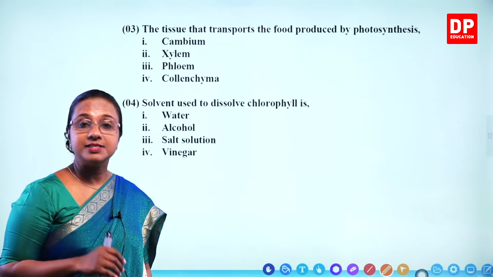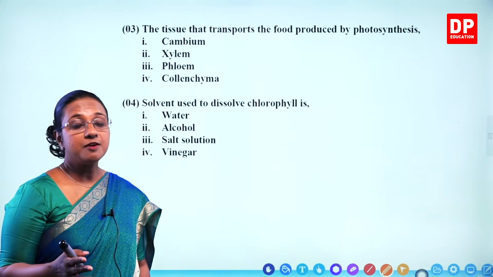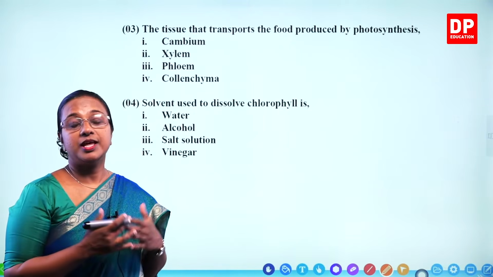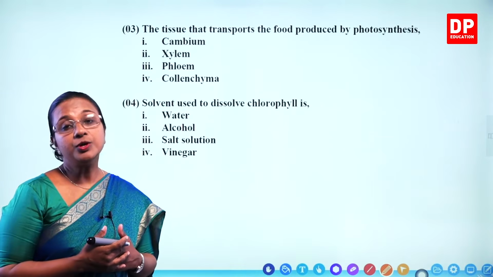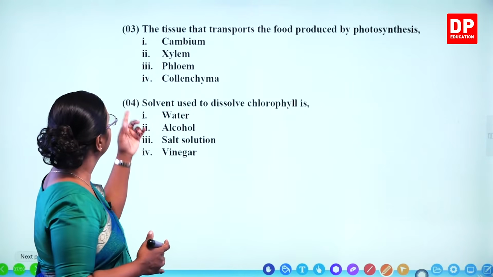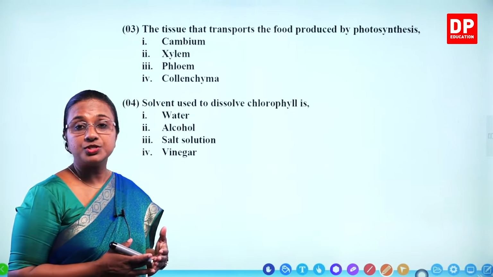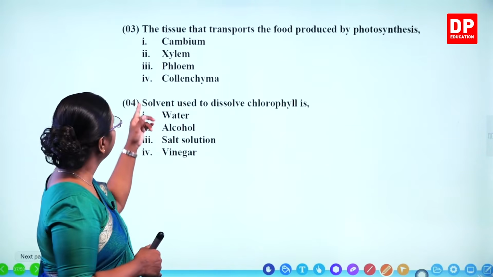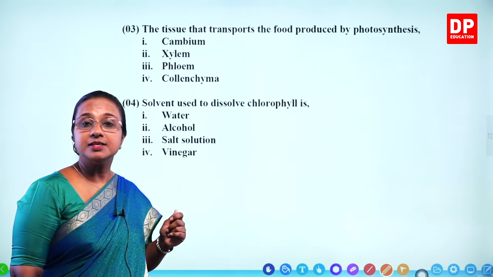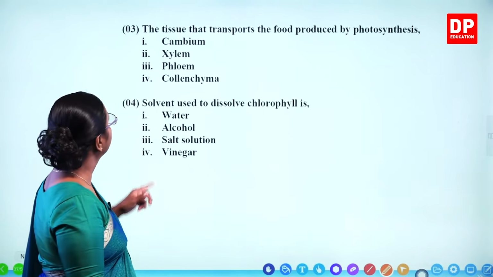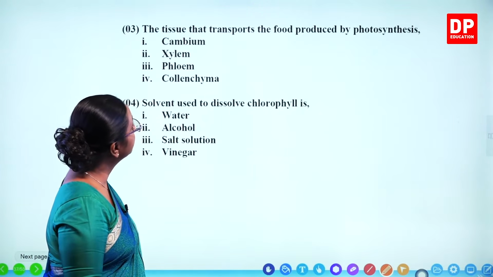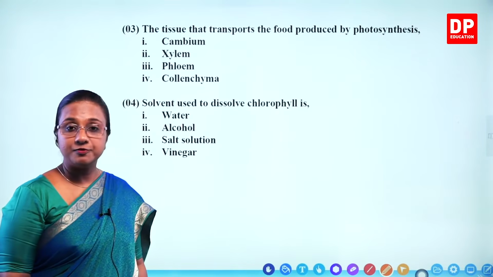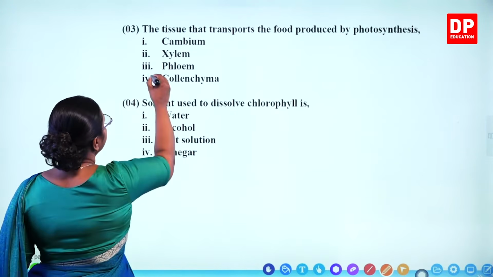Cambium is meristematic tissue that is there for the lateral growth, that is the formation of wood in woody plants. Xylem transports water. Phloem translocates food. And collenchyma is a supportive tissue. So, the tissue that transports the food produced by photosynthesis is phloem.